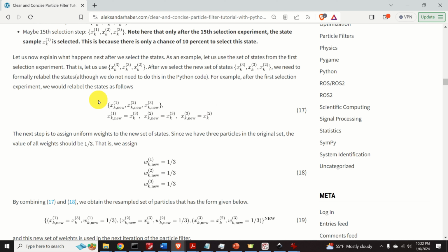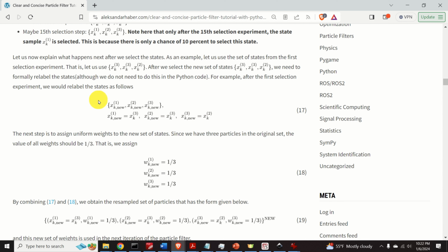The output of NumPy random choice is a set of indices of selected particles. For example, for the first selected set, the output of this function is 2, 2, 1, corresponding to the states xk3, xk3, and xk2. That is, we can use the sampled set of indices to uniquely identify the selected states.